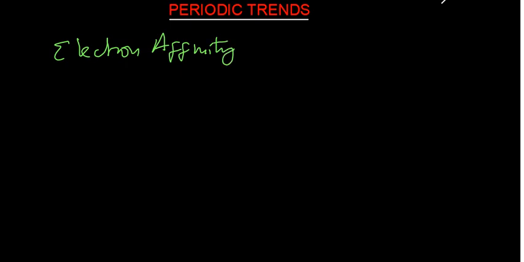When we are talking about electron affinity, it is the energy released by a gaseous atom or ion in order to gain an electron. Sorry, I'm going back to ionization energy. Electron affinity, I said, is the direct opposite of ionization energy.